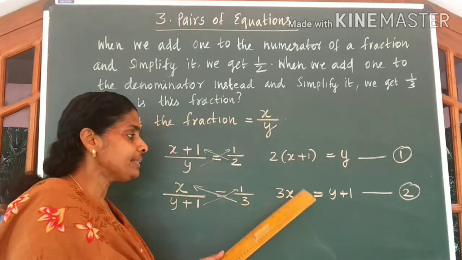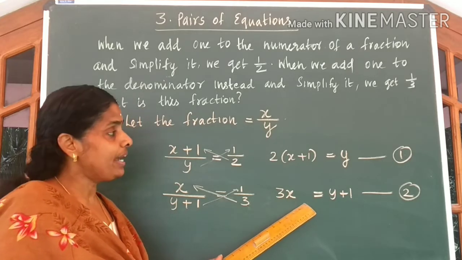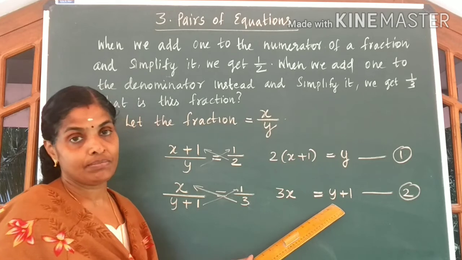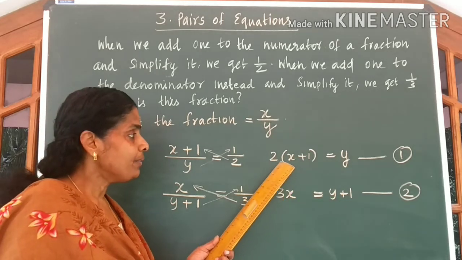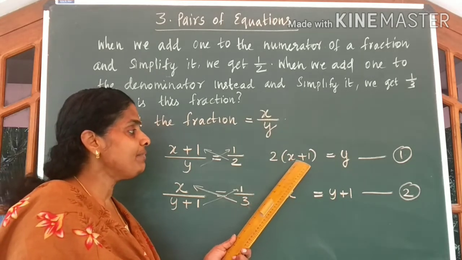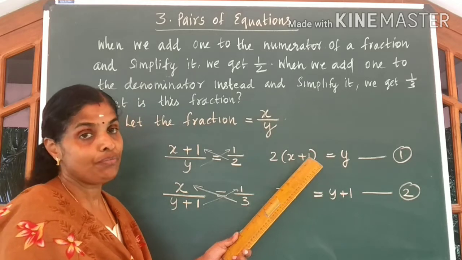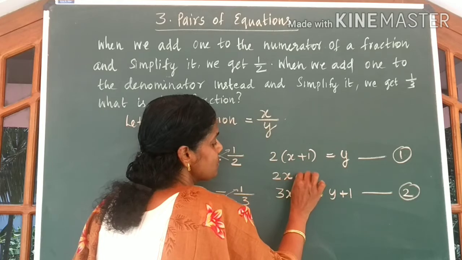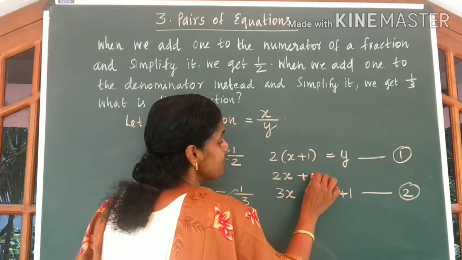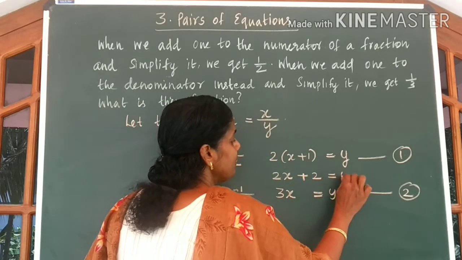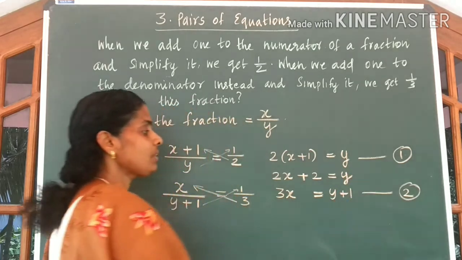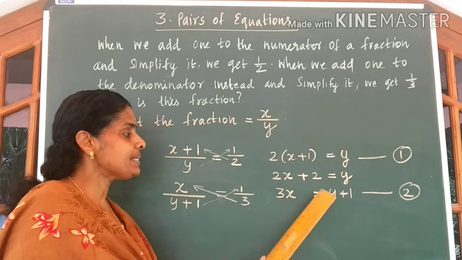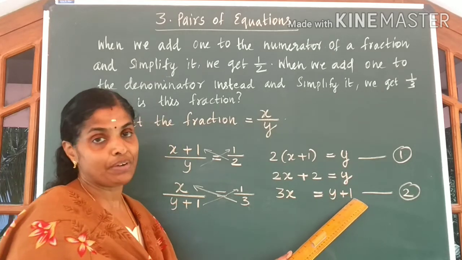Now using these two equations, we are going to find the values of x and y. Here 2 is common for x and 1, so we can write this equation as 2 into x, 2x, plus 2 into 1, 2, is equal to y. Now here we have 3x is equal to y plus 1.